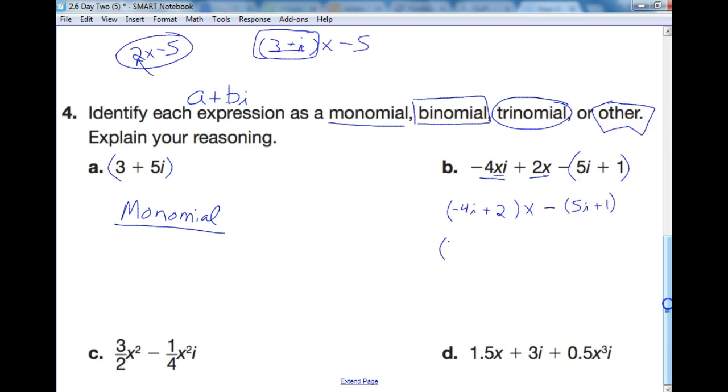I want to write it 2 minus 4i times x minus 1 plus 5i. One complex number times x, two total terms, binomial.